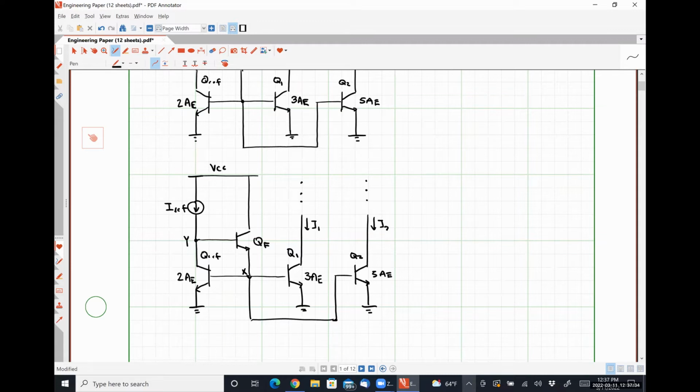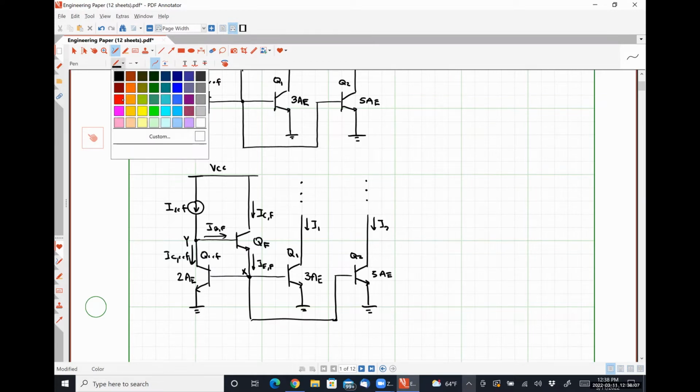All right, so what we're going to do now is analyze this circuit to determine the error. But before we do that, I want to label a couple of things here, all right? So this current here is still IC ref. Now we have a current ICF, a current IEF, and a current IBF we need to concern ourselves with.